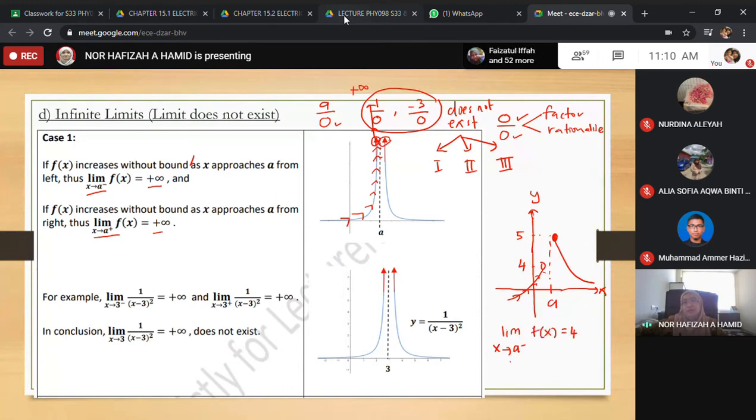Okay, so limit x approaches a plus f(x), approach a from the right, we have the answer equal to 5. So here we can determine the value at the y because the graph terminates, or the graph stops. Okay, so if the graph stops, you can automatically determine the value at the y-axis, 5 or 4.